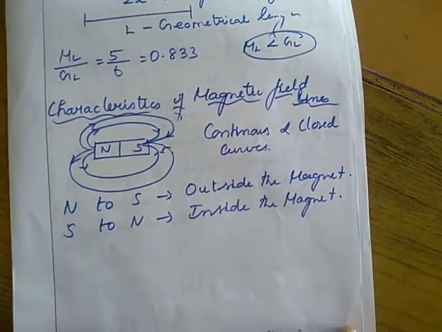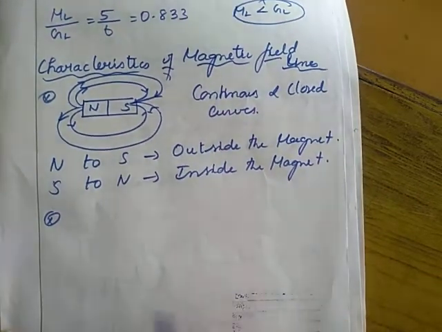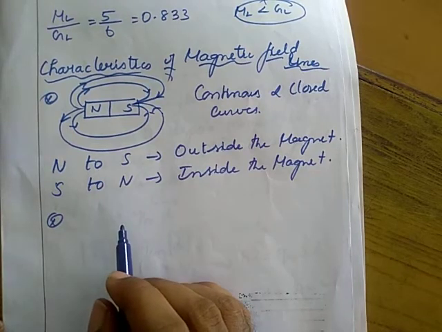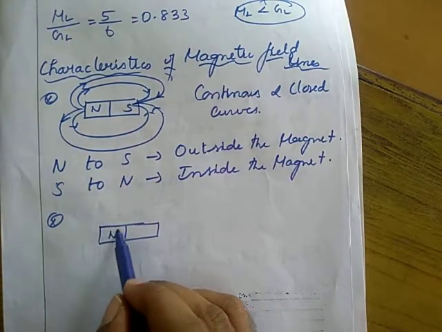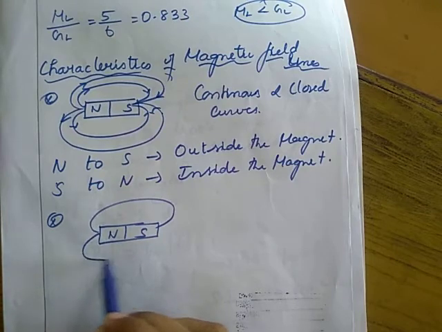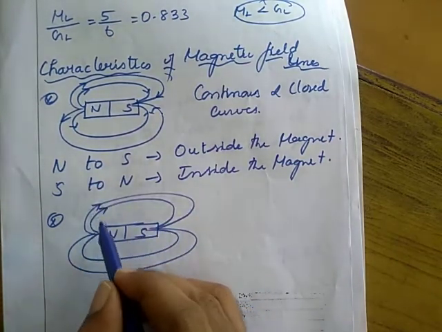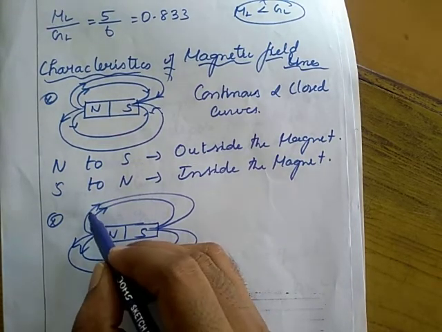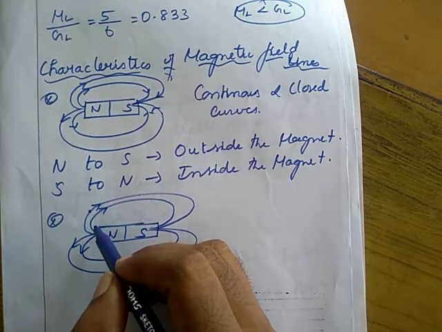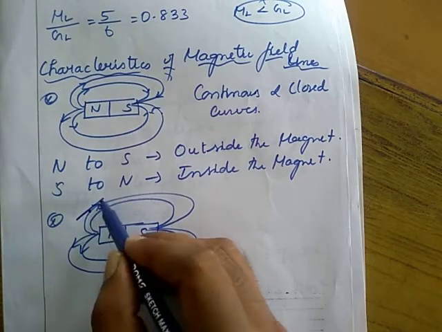Our next characteristic: if you need the direction of the magnetic field line, we can draw a tangent on the magnetic field line. This tangent represents the direction of the magnetic field. Suppose at this point I need the direction of the magnetic field, so I draw a tangent on that field line.